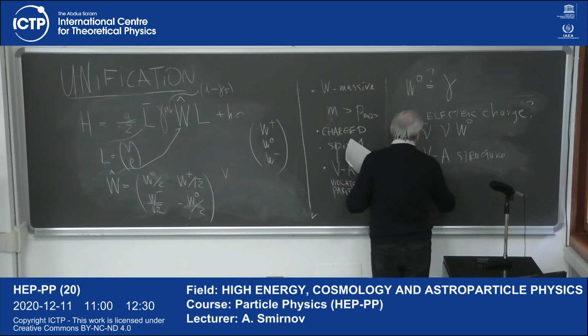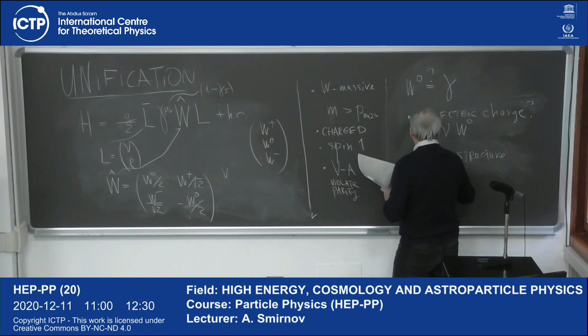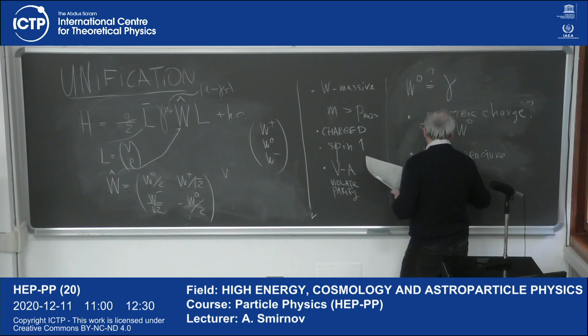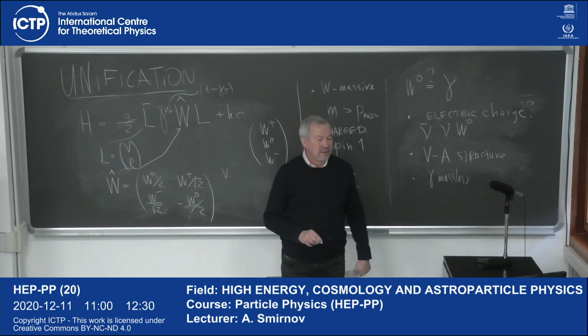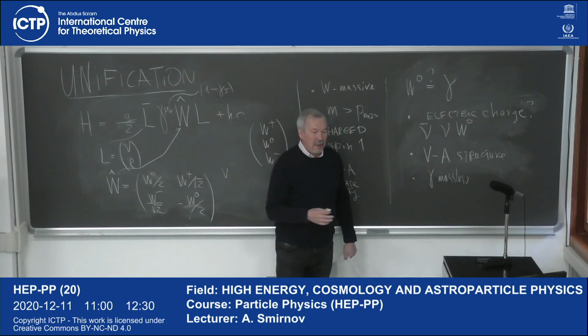And the third problem that you see: gamma is massless, while W0 should be massive, because we haven't observed any neutral gauge bosons apart from photon at that time. So it should be massive.